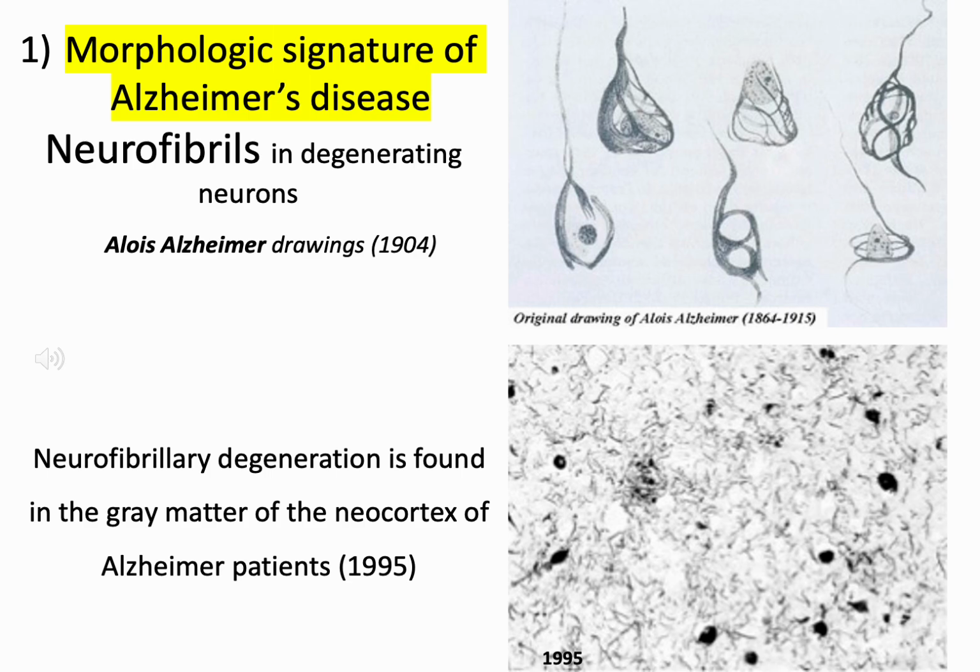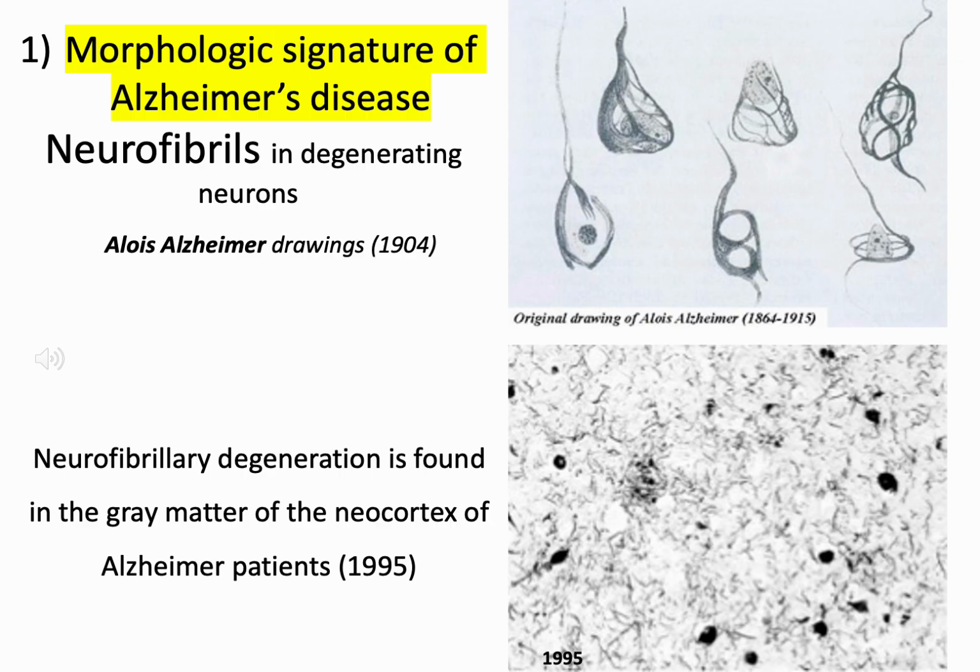Alzheimer's disease is characterized by neuronal degeneration with a distinct morphological and histological signature, as well as a molecular and biochemical one. 1. The morphological signature was described by Alois Alzheimer in 1904. This involves neurofibrillary degeneration.